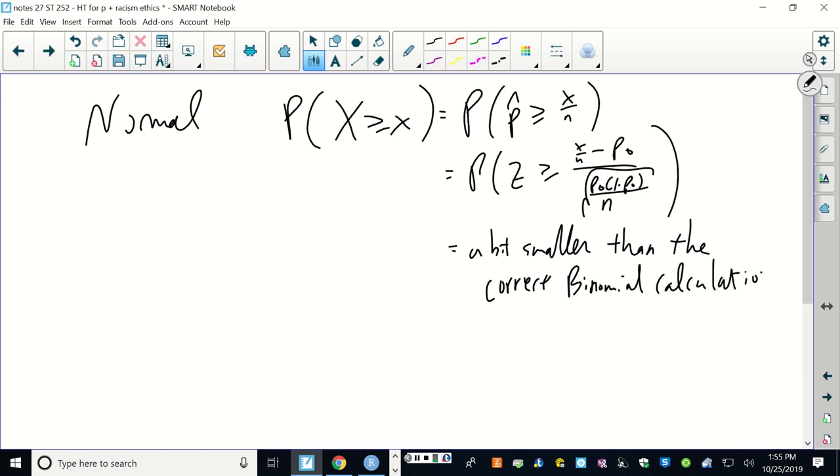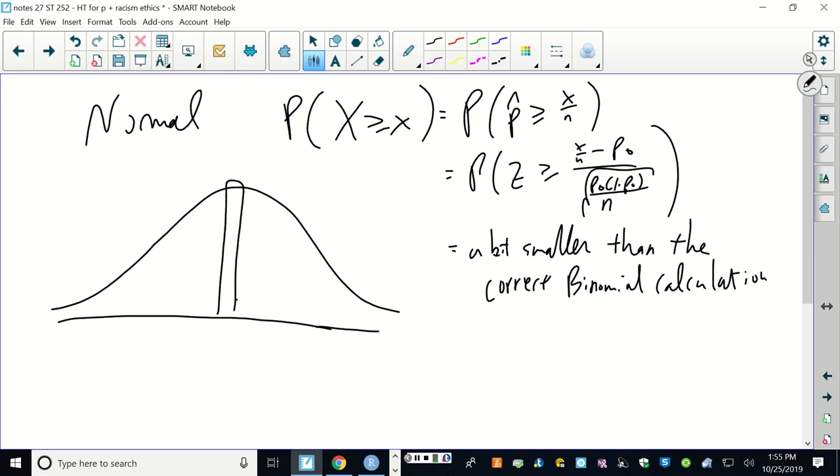Why is it a little bit smaller? Well, it's a little bit smaller because of the discreteness, going from discrete to continuous. So what this calculation would do is, we'd have various bars here, and say our x value was here. And the bar around it represents the probability.